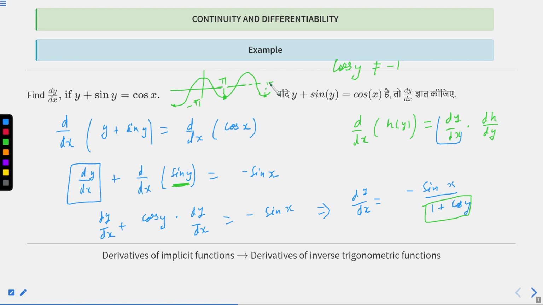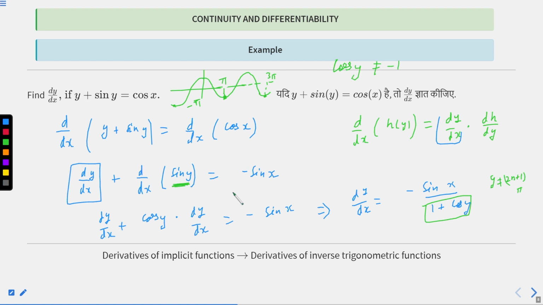This means you are getting odd multiples of pi. So y cannot be (2n plus 1) pi. Simple. So keep this point in mind also.